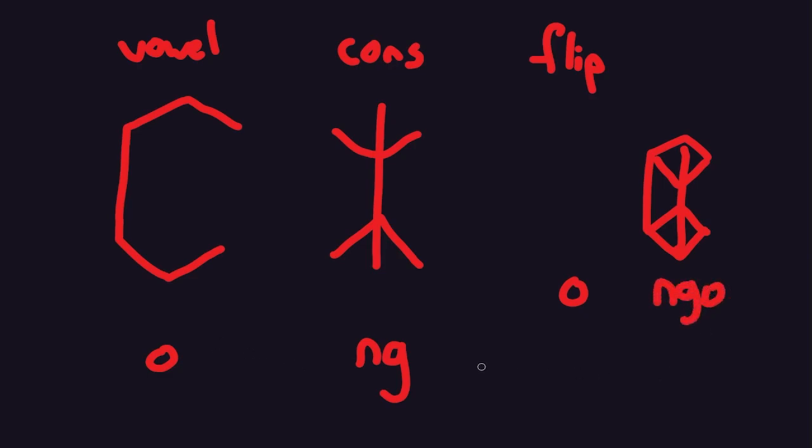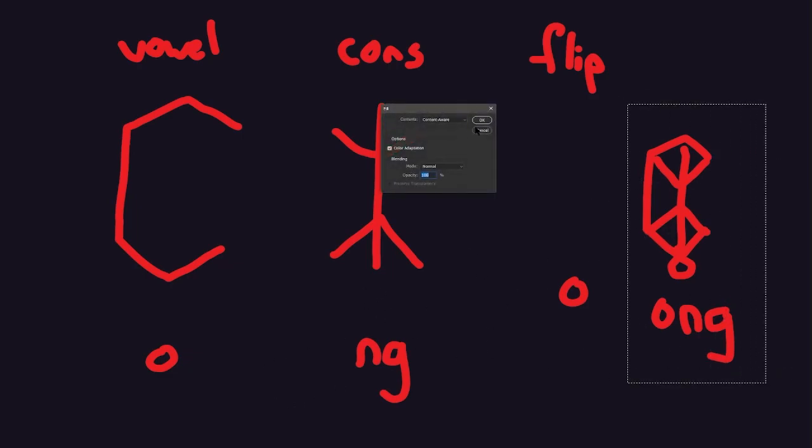No, I guess it's when you add the circle that it flips around, and then this would be ong. So if you have the circle, the vowel comes first. If you don't have the circle, the consonant comes first. Most of the time, the consonant comes first. The sound usually only comes at the end. That's why I got confused there.